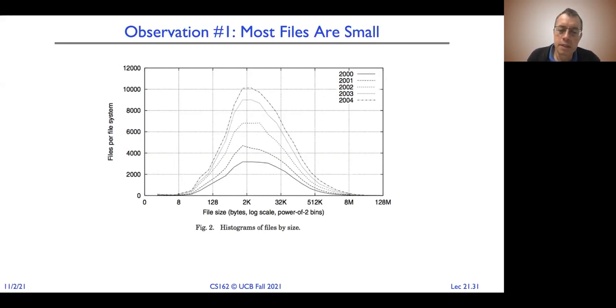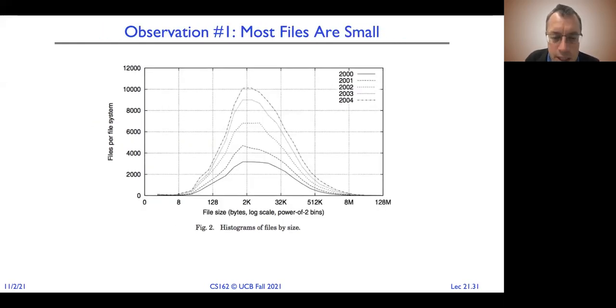On the x-axis is the file size and on the y-axis the number of files, with different curves for different years. You have something similar, although as the years pass, you have more and more files, right?